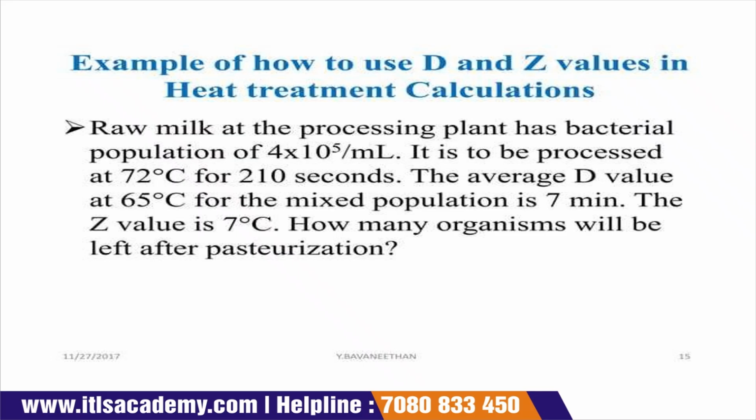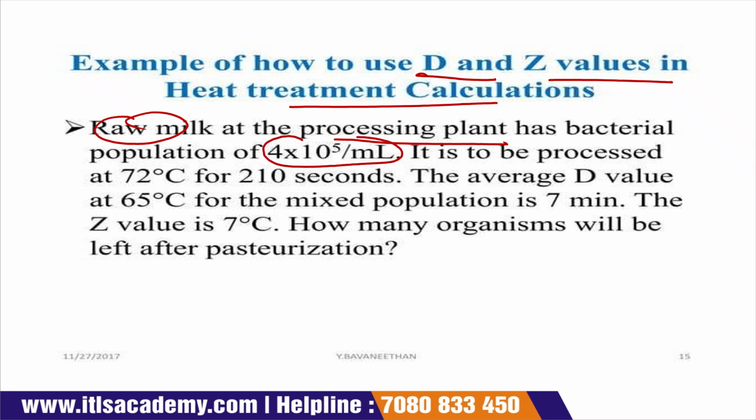Examples of how to use the D and Z value in heat calculation. We have raw milk in the processing plant, and in that raw milk there is a bacterial load of around 4 times 10 to the power 5 per ml.